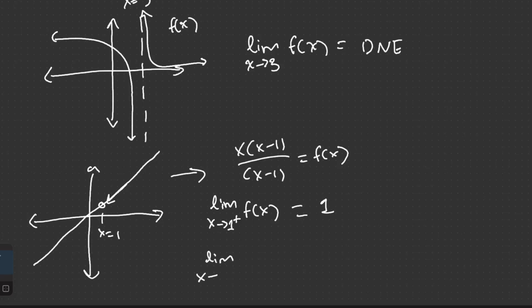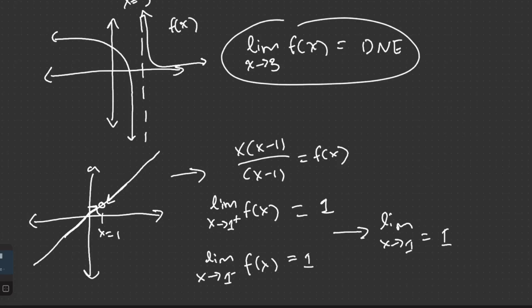The limit as x approaches 1 from the left side, and by the way, this plus sign and this minus sign here just mean right side and left side. Left side is minus sign, right side is plus sign. But anyways, you can see on this graph that from the left side, it's also approaching 1, which means the limit exists. The limit as x approaches 1 is 1, right?